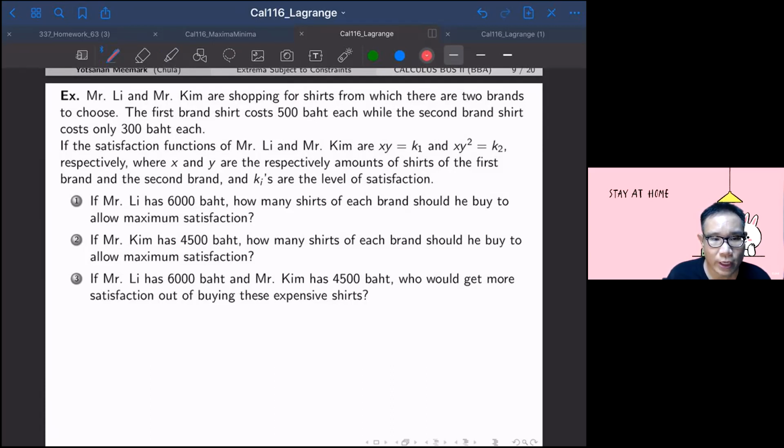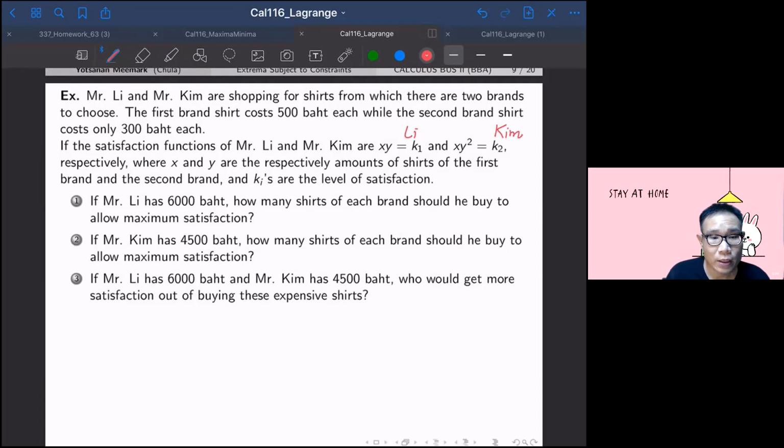The certification function for Mr. Lee and Mr. Kim: you have xy equal to k1 and xy squared equal to k2, for x and y respectively.